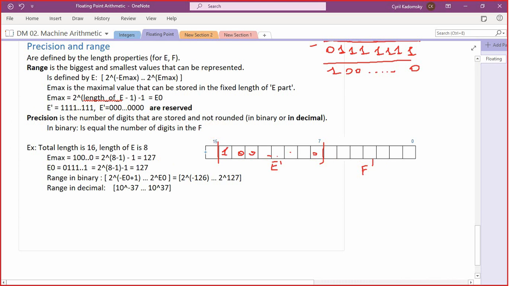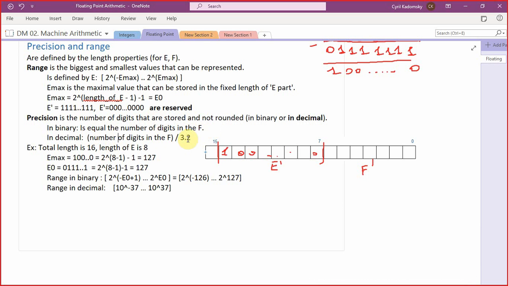And in decimal, it is equal to the number of digits in the fraction, but divided by 3.2, which is the logarithm of 10, to convert it to decimal.